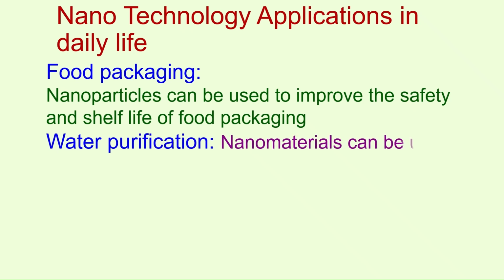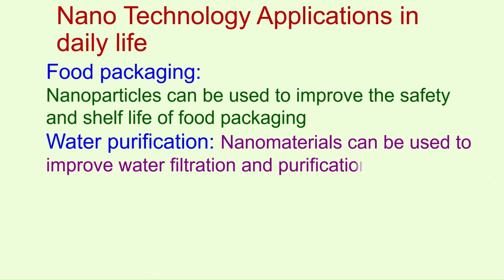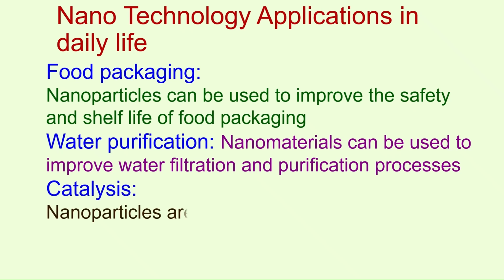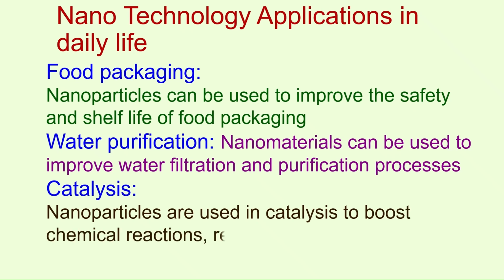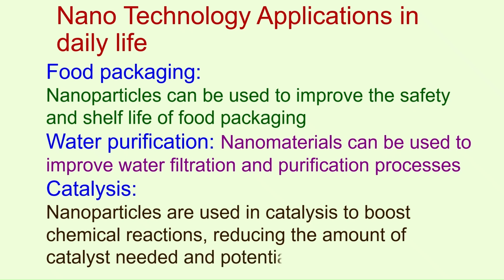Water purification. Nanomaterials can be used to improve water filtration and purification processes. Catalysis. Nanoparticles are used in catalysis to boost chemical reactions, reducing the amount of catalyst needed, and potentially reducing pollution.